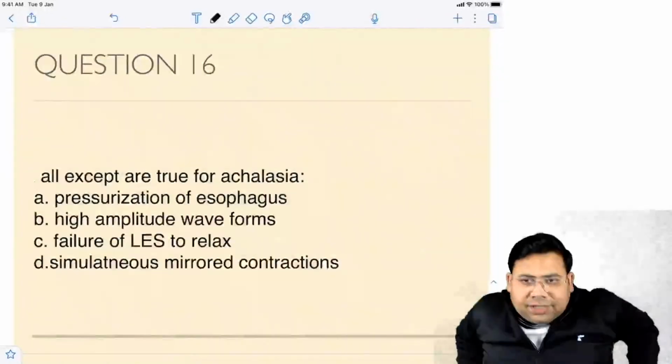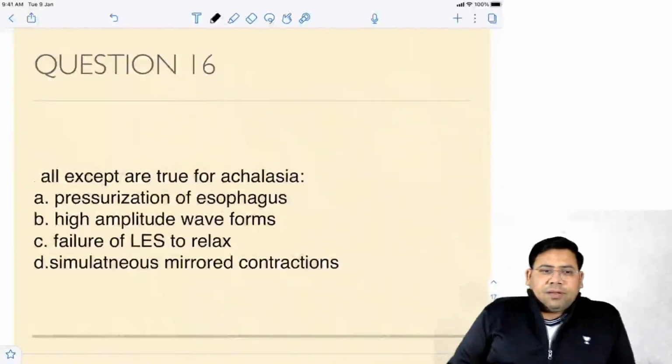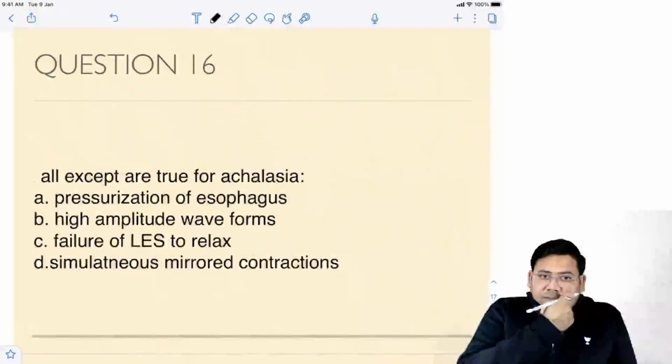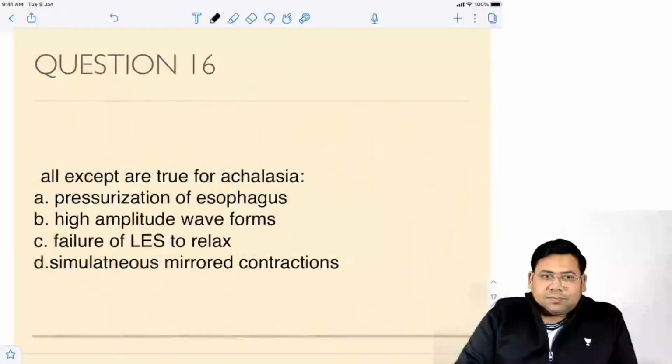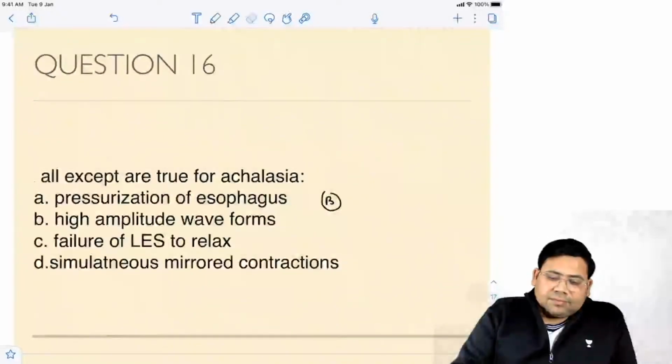Tell me something about Achalasia. All except one are true. Try to understand. B is the right answer.